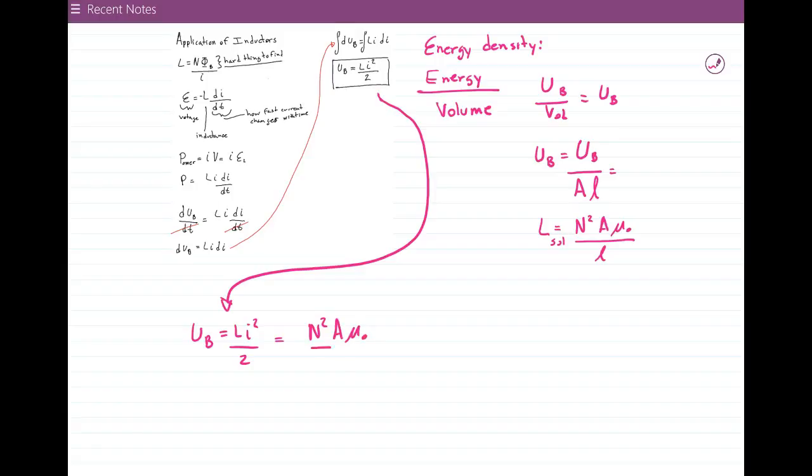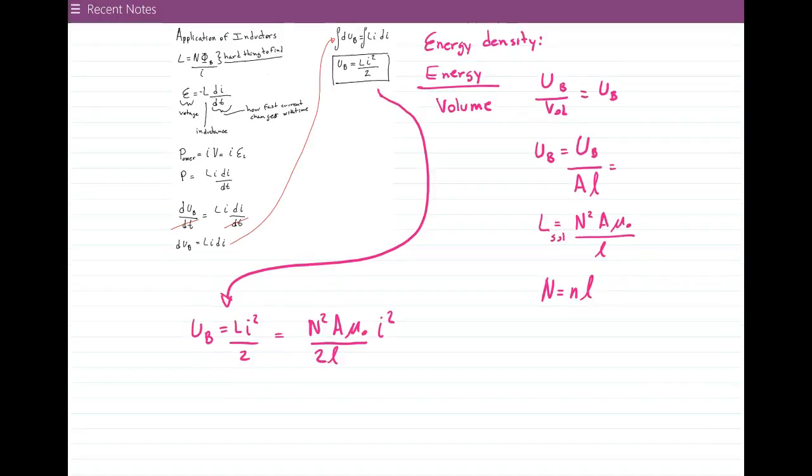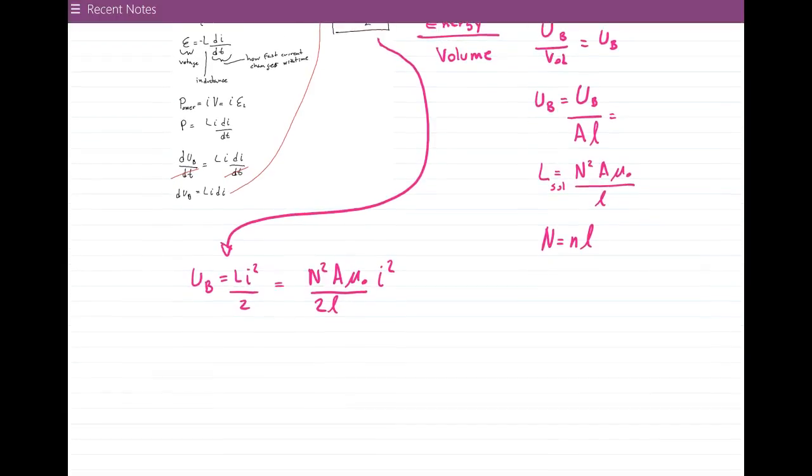Now, capital N is equal to lowercase n times L, isn't it? Remember, lowercase n is the turn density, the number of turns per unit length, so the total number of turns over total length. Good? So let's take that way of expressing capital N and plug it in.